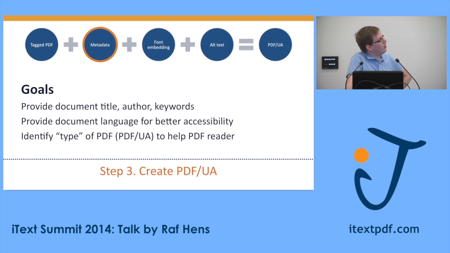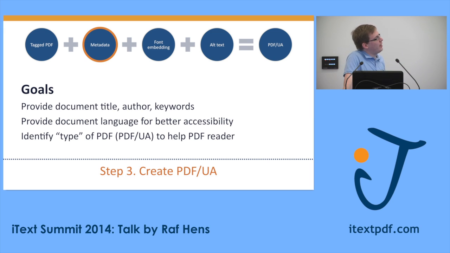So what are our goals in adding metadata? We have to provide some information about the documents to make it easier for people using the documents, and also make it easier for software trying to assist people with visual impairments, for example, to be able to understand what the document is about. So we have to define what the title of the document is, who the author is, add some keywords about the content.